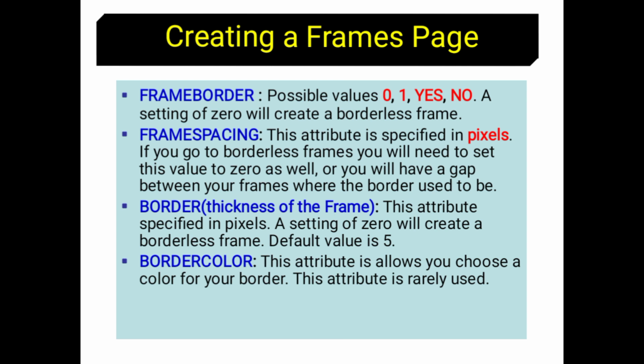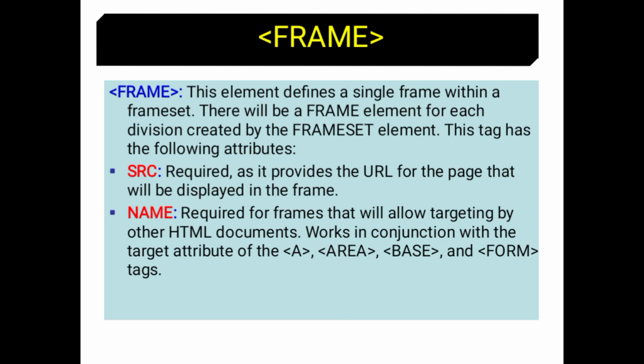Then border: the thickness of the frame. The attribute is specified in pixels, and a setting of 0 will create a borderless frame. The default value is 5. Then bordercolor: this attribute allows you to choose a color for your border. This attribute is rarely used.